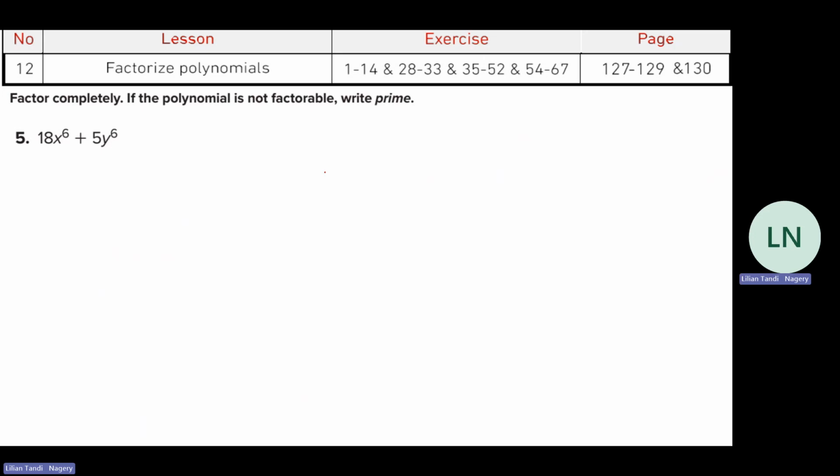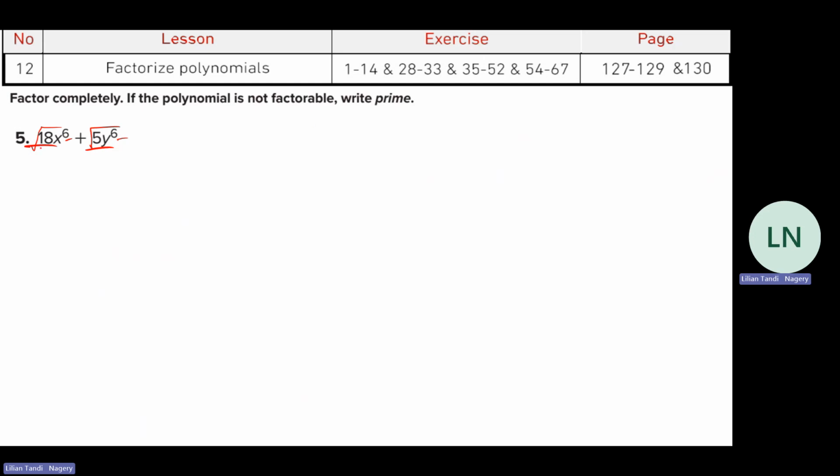This is going to be prime. How do I know? Because 18 and 5 don't have a common factor. Okay. So you cannot factor this out. Even if you do square root, 18 is not a perfect square, 5 is not a perfect square.